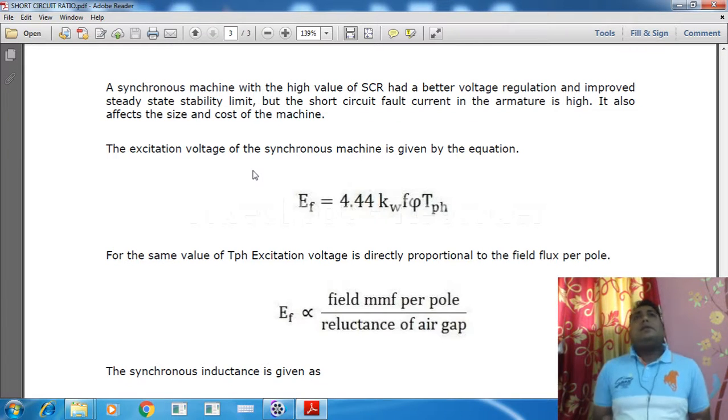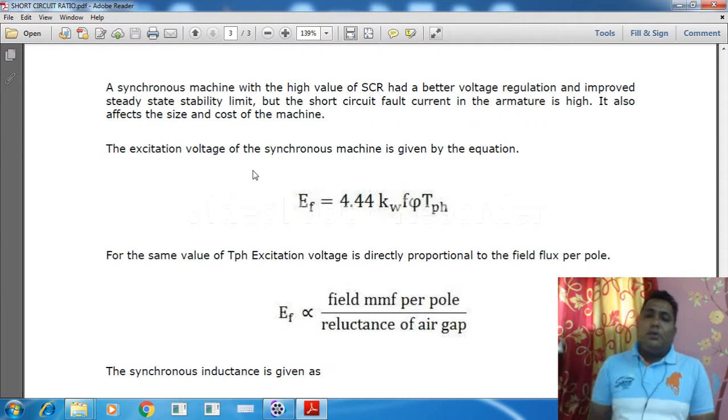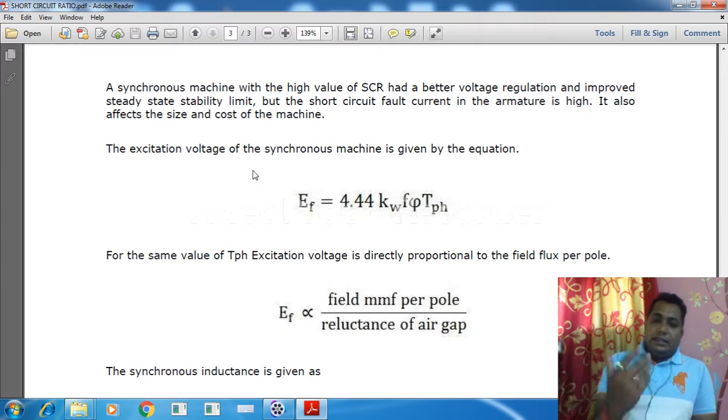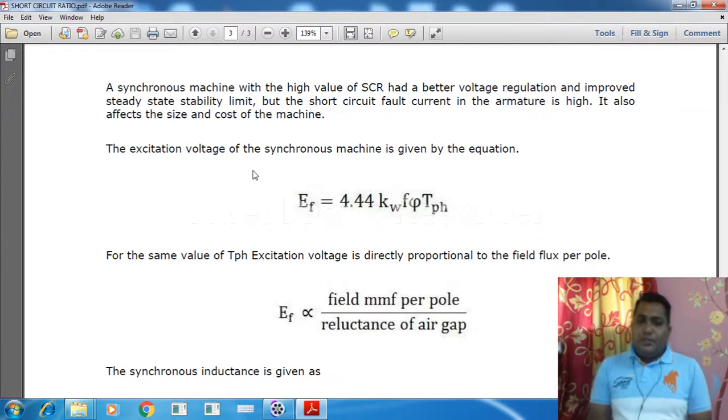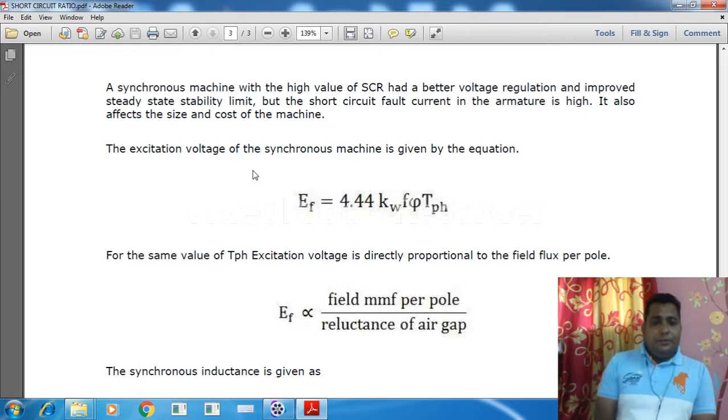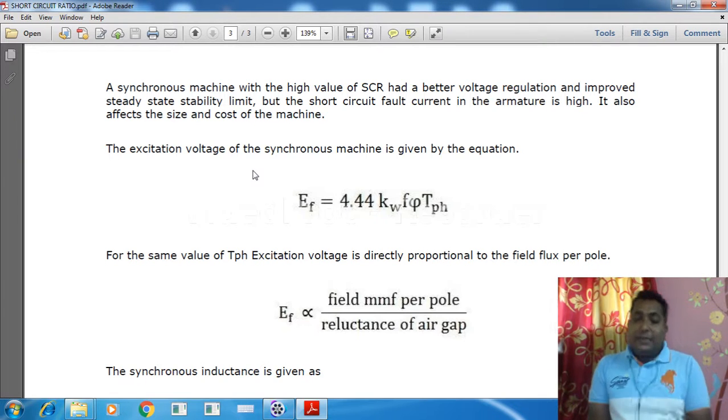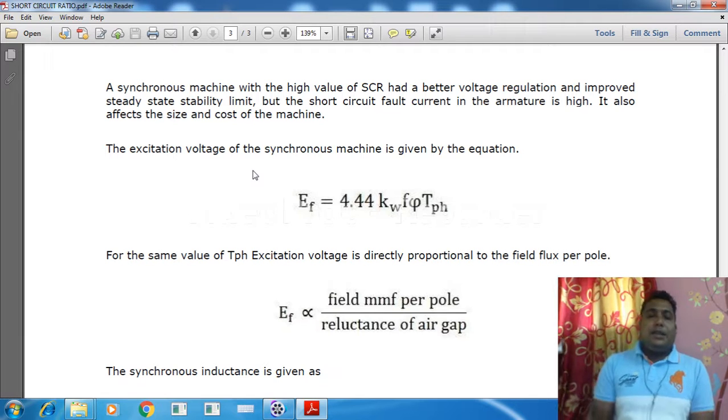That means if the number of turns is fixed, then the excitation voltage depends directly upon the flux per pole. So this E_f is directly proportional to the field MMF per pole divided by the reluctance of the air gap. So lesser reluctance will give us a higher excitation voltage, and a higher field MMF per pole will give us a higher excitation voltage.